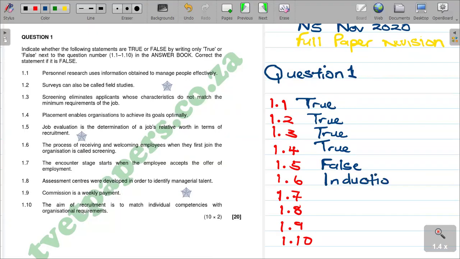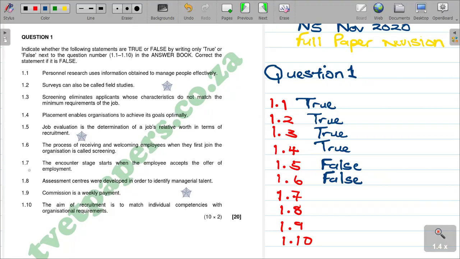Induction, right? So the statement here is false. The process of welcoming new candidates in an organization, we call it induction.